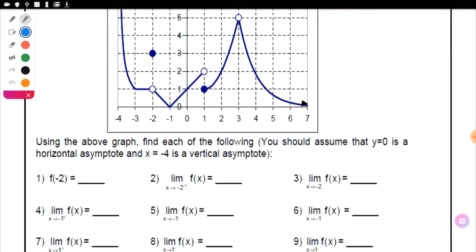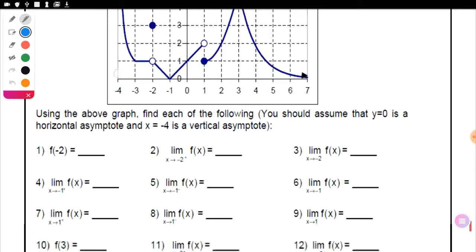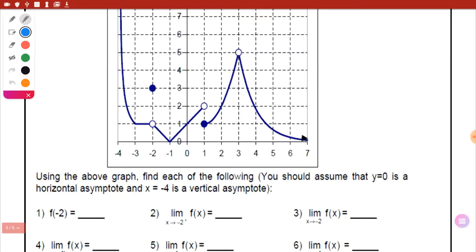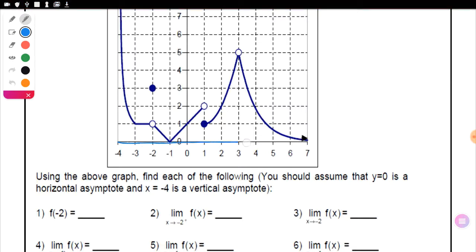You should assume that y equals 0 is a horizontal asymptote and x equal -4 is a vertical asymptote. Sorry, y equal 0 is the horizontal asymptote.